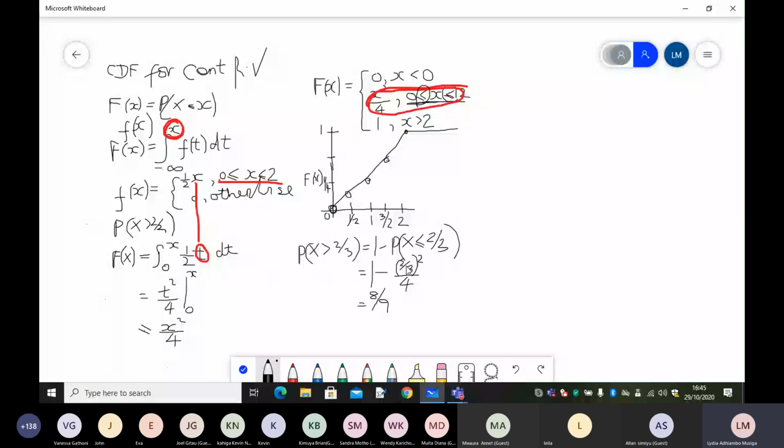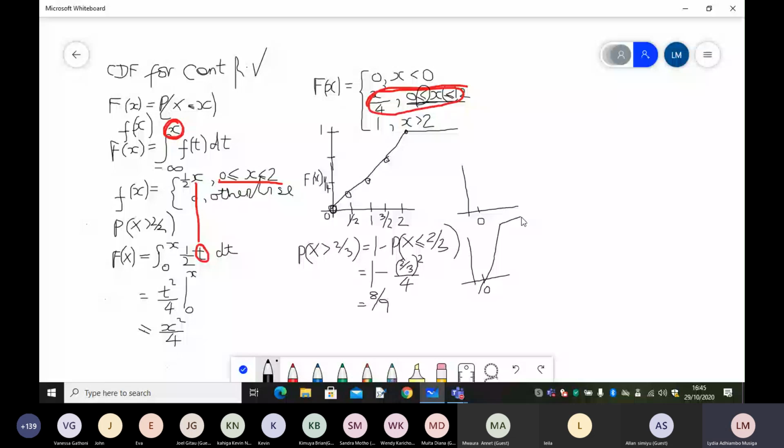In the previous example, I put a random variable x. When it was 0, I put it there. And even in this particular case, it's not a must that it starts from the origin. If we were to put it here, if we draw our line, it would still have passed through 0, and then it would continue being 1.